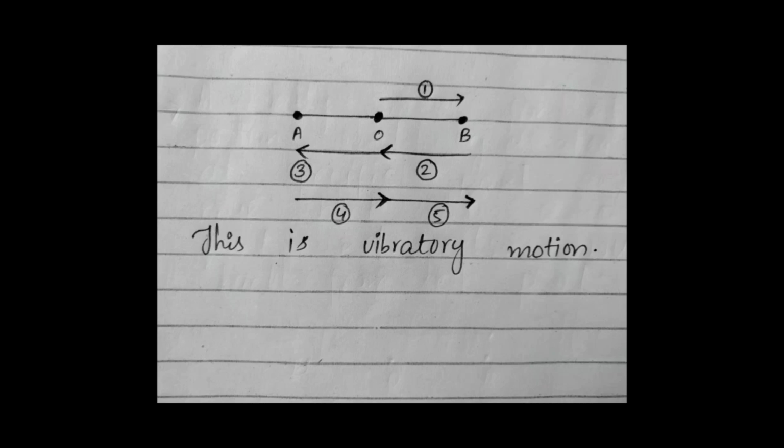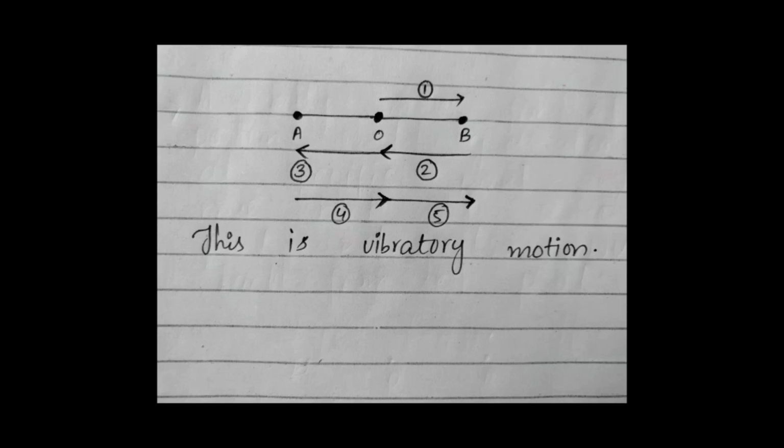This is simple harmonic motion which the mass attached to a spring obeys, and the motion over four terms is called one vibration. When we displace the mass m, which is at position O, to position B, it will move again to position O, and it will not stop here; rather, due to inertia it will have maximum speed at position O, and it will move to position A, and here it has minimum speed, or we can say zero speed.